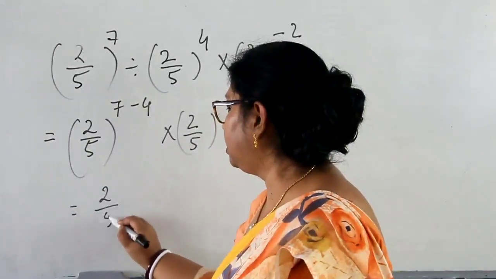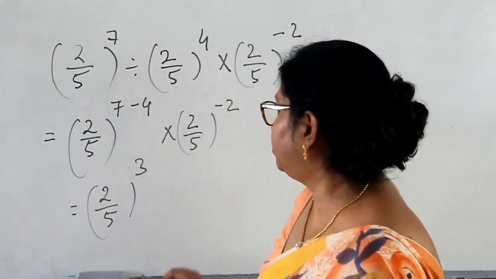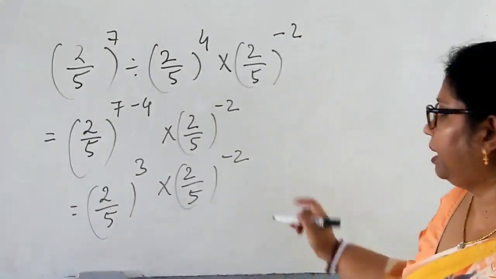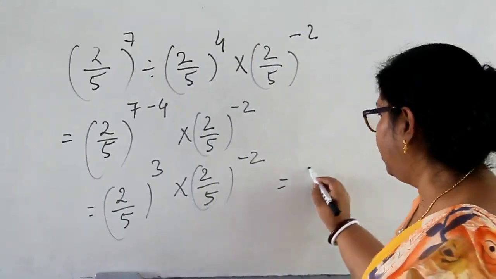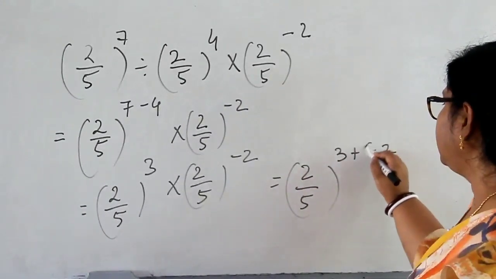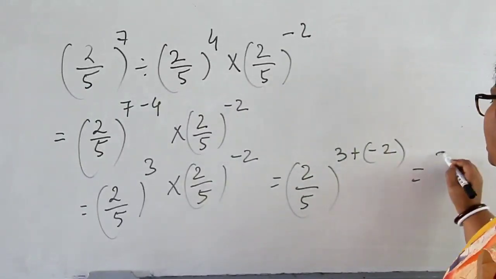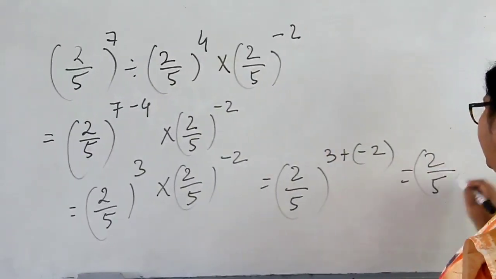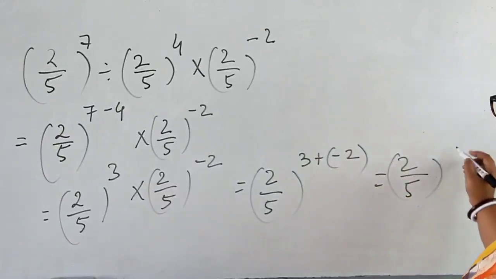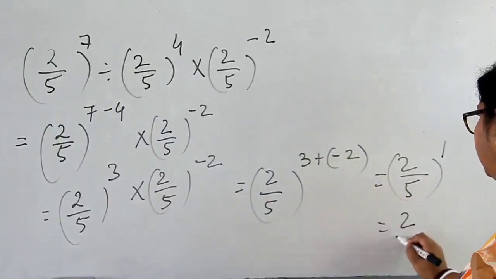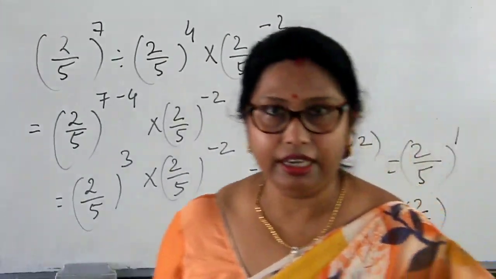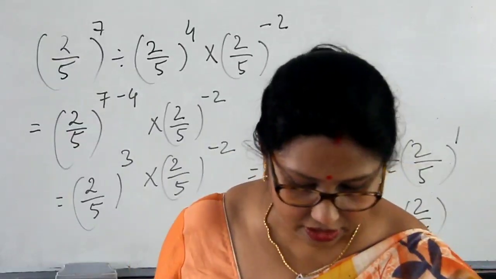So this is nothing but 2 by 5 whole to the power 3 and 2 by 5 raised to the power minus 2, which will give you 2 by 5 to the power 3 plus minus 2. After this addition we can finally have the result, that is 3 minus 2, which is going to be 1, and we can simply write it as 2 by 5. So this was an example of simplification from that exercise.